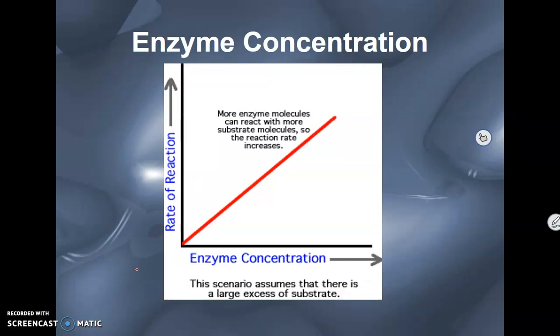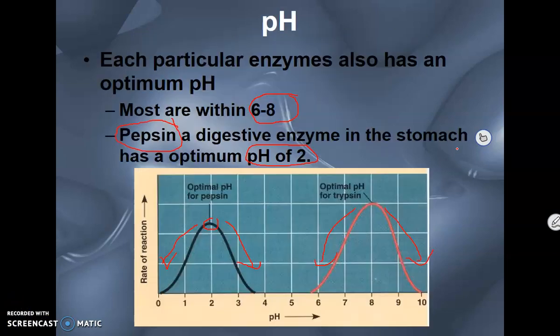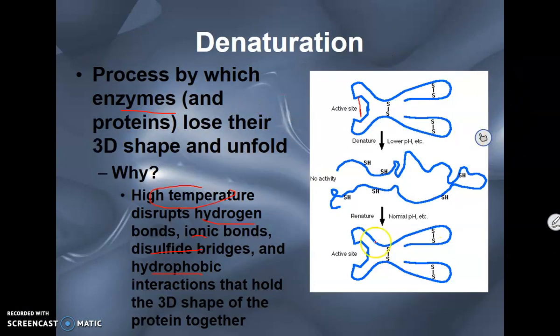Okay, now, so far we looked at the effect of pH and temperature. And one thing that I actually want to go back and look at is that in this graph, let's say this is the graph of a denaturation of an enzyme because of a change in pH, which it could be as well. Notice when we lower the pH, remember when you lower the pH, that means there's more H+ in the environment.